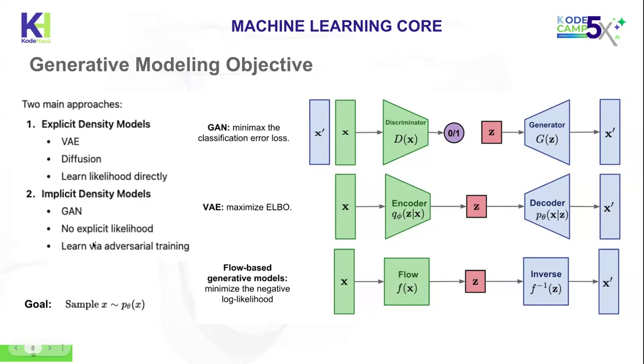Implicit density models are models like a GAN, a generative adversarial network, which we are going to talk about later. So for a GAN, you give it an adversary basically. What we call adversarial training. And what you're asking it to do is defeat the adversary, deceive the adversary.